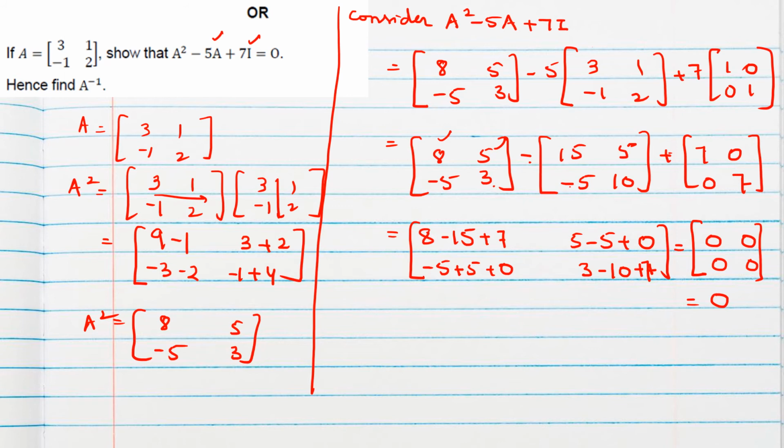Now using this only we have to find A inverse. So now since we have proved this, and clearly determinant A is not equal to 0, that means inverse exists, then only we can find A inverse value. So throughout this equation we'll multiply with A inverse.